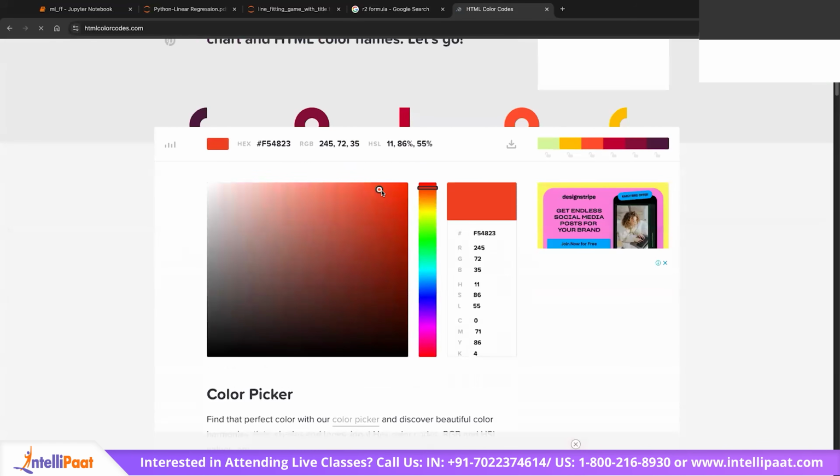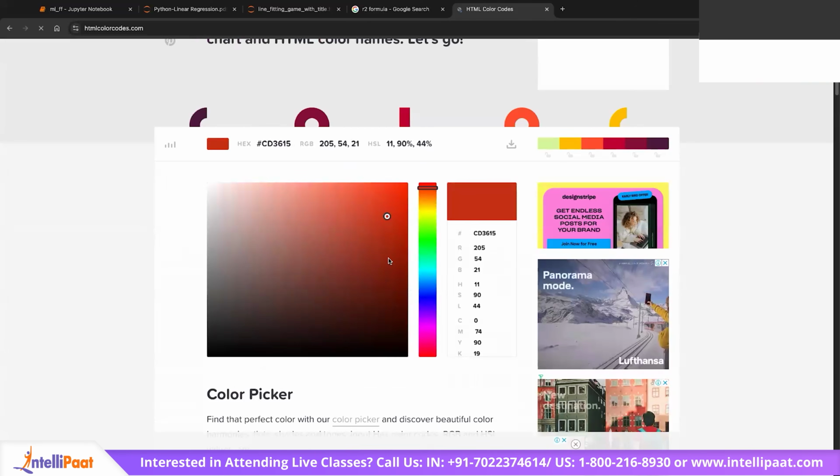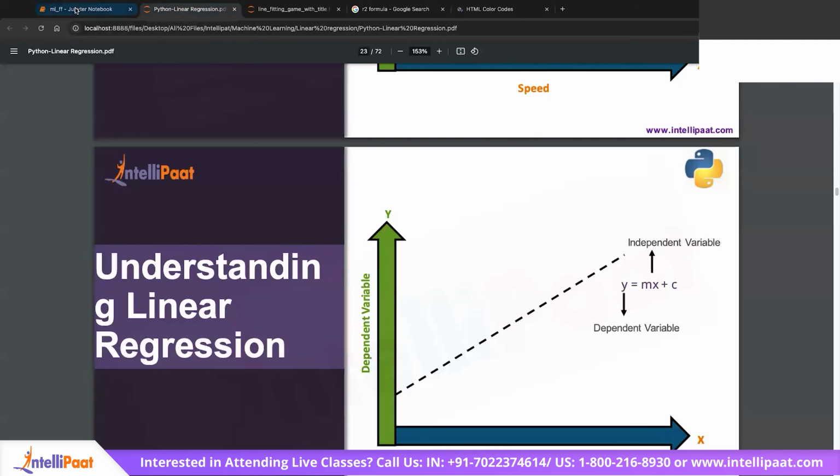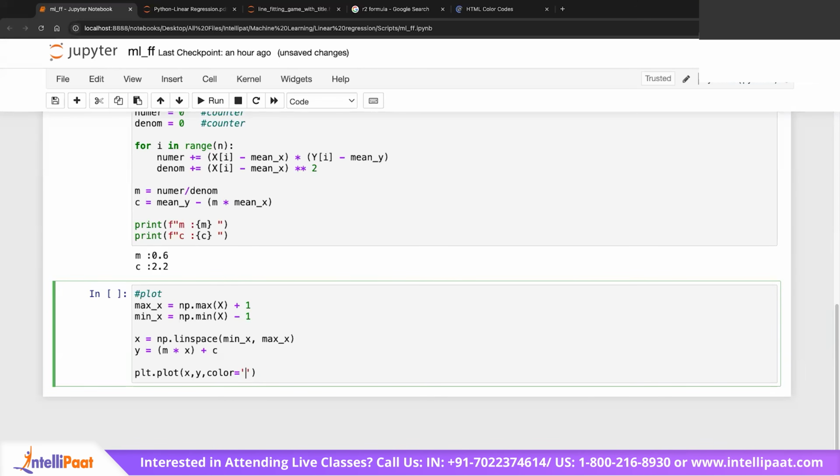Let's take a little maroonish color like this. Let's come to this part of the code and change this to hashtag this. Color is done. I can change the label also. And you guys have studied matplotlib, correct?